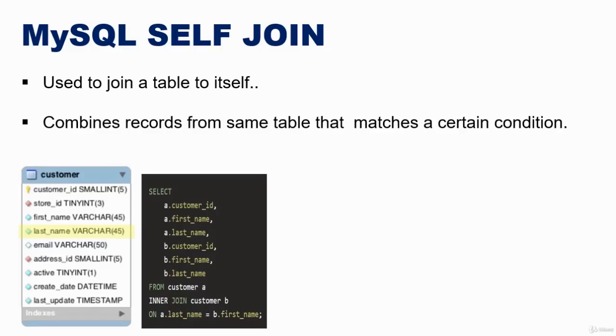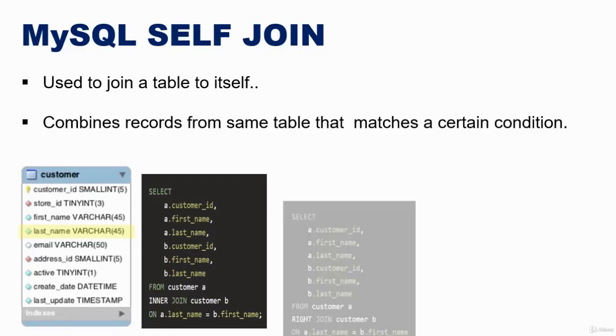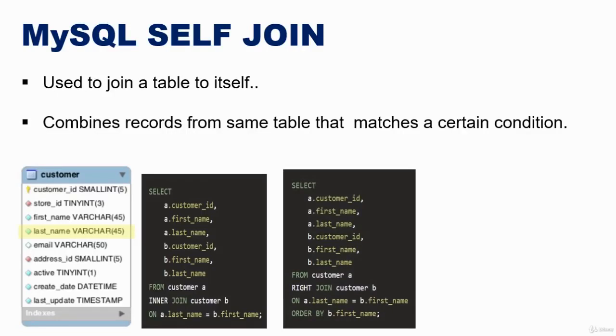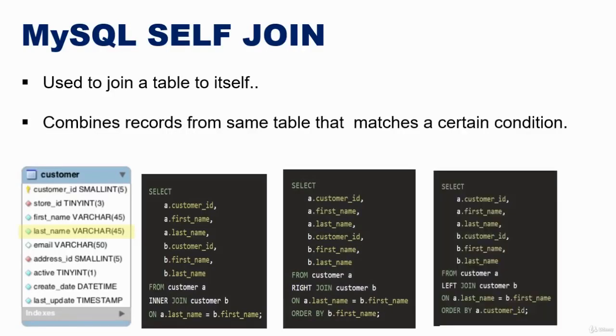So I've got the alias A, which represents customer_id, first_name, last_name, and then I've got an alias B with the same number of fields: customer_id, first_name, last_name. So we're basically joining data from the same table to itself. Okay, and we're using an inner join. So you can also represent this with a right join and also with a left join.